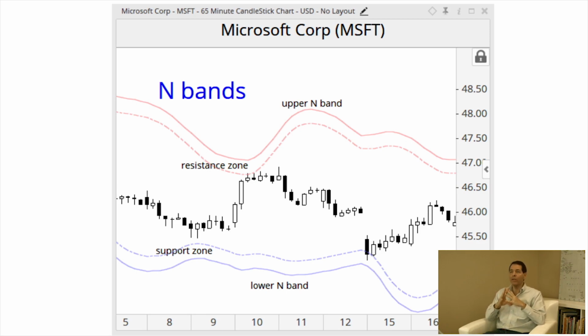And it's either going to do one of three things. It's going to trade higher through resistance. It's going to trade lower so that the bearish sentiment and the bearish selling will prevail. Or it will trade to the side where neither wins. One of those three. And that's what I call support and resistance at N bands.